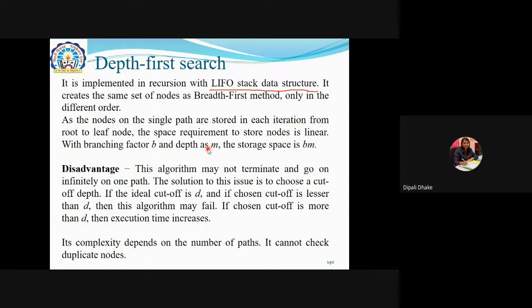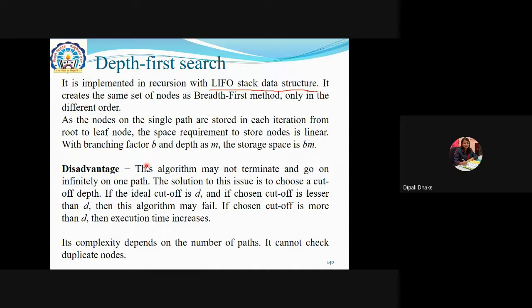And the first one was what? B raised to D. And here, what is the storage space? It is Bm. B is nothing but the branching factor, and M is nothing but the depth. How depth? One level, second level, third level. And B means how many nodes you checked here, on average.